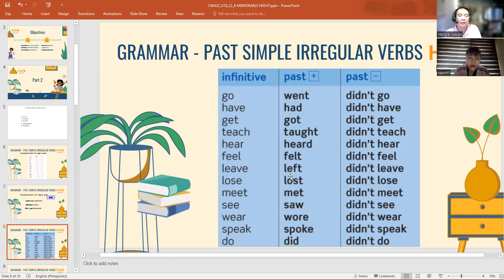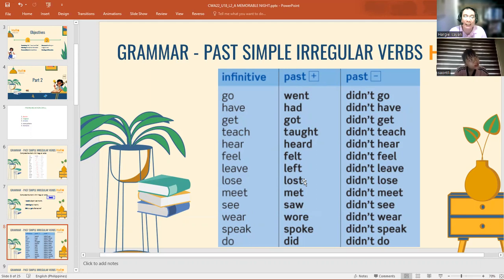Live, left, didn't live. Lost, lot, didn't lose. Meet, met, didn't meet. See, saw, didn't see. Wear, were, didn't wear. Speak, spoke, didn't speak. Do, did, didn't do.